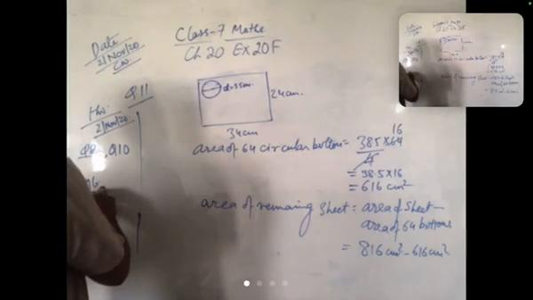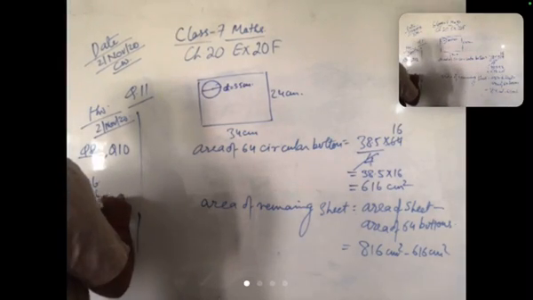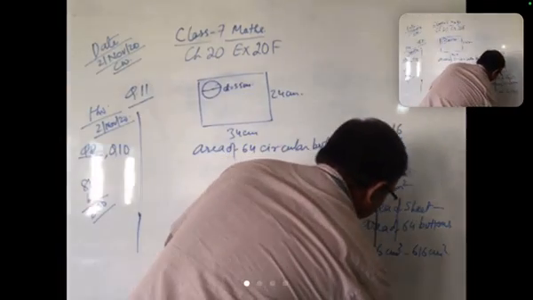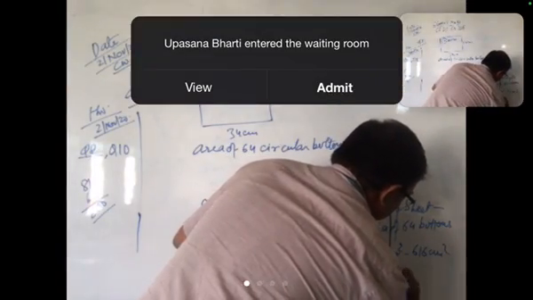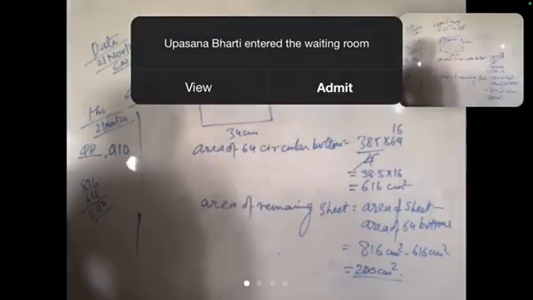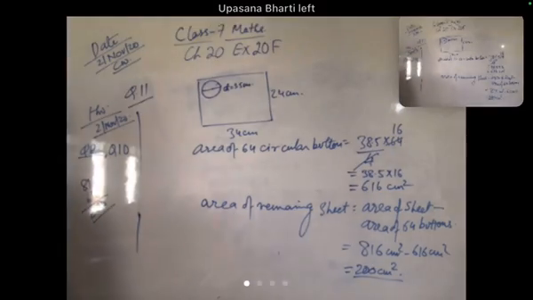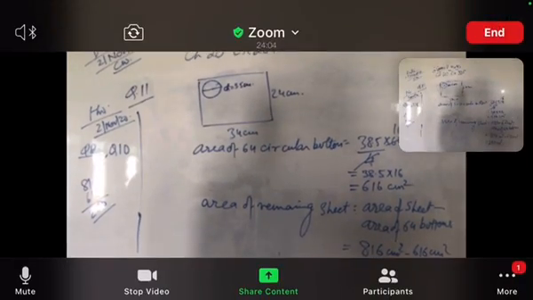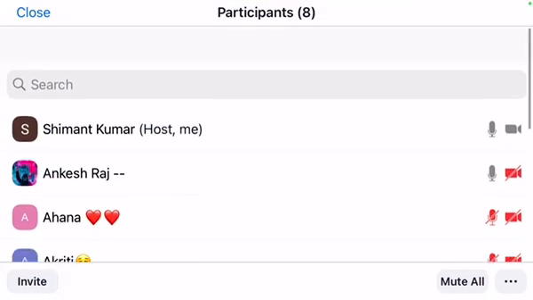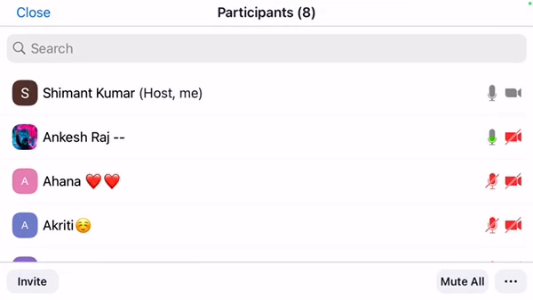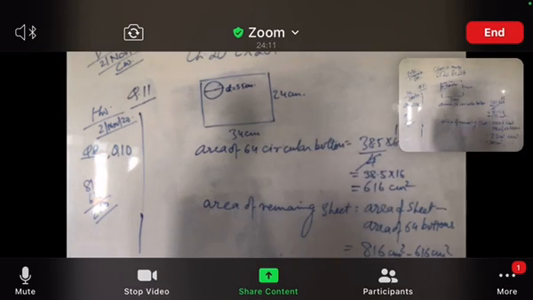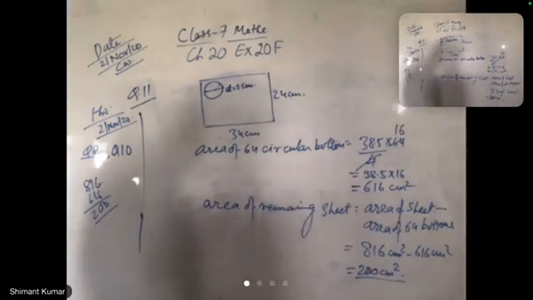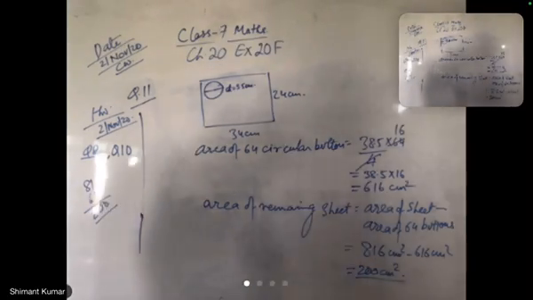Subtract it. It's 200 centimeter square. Clear? Yes, sir. Now it is clear.